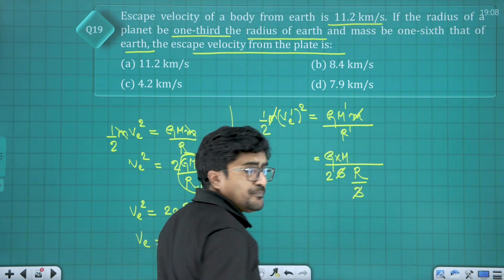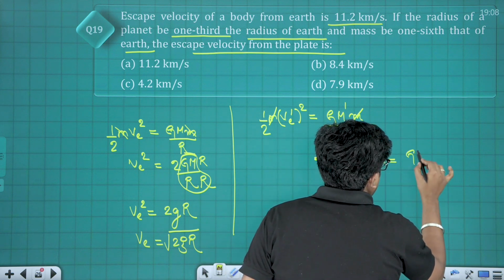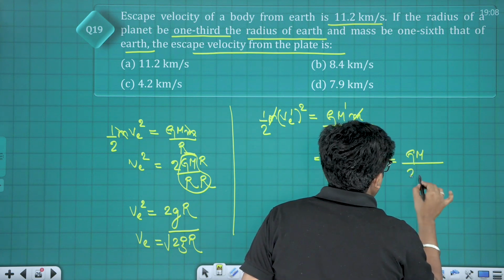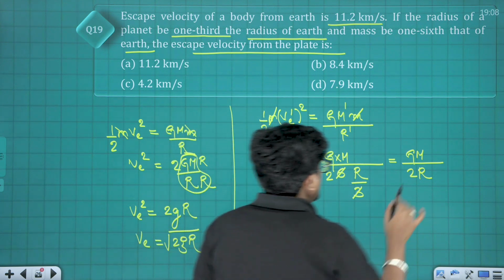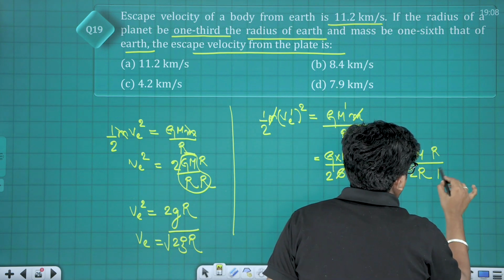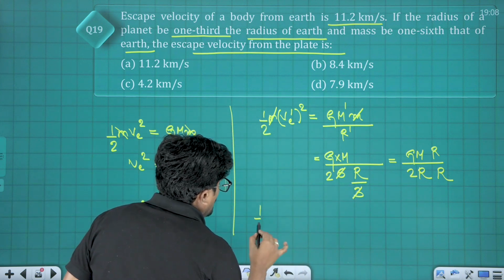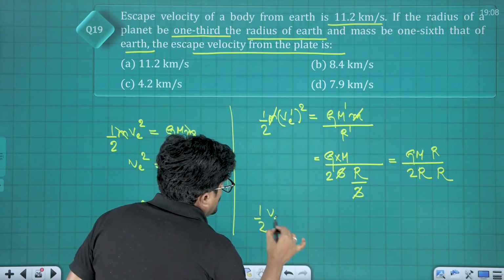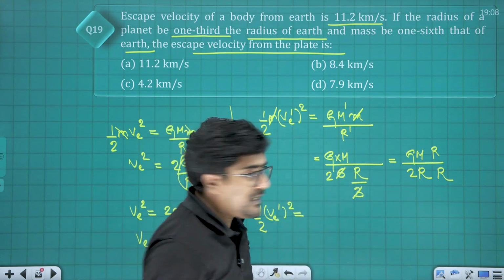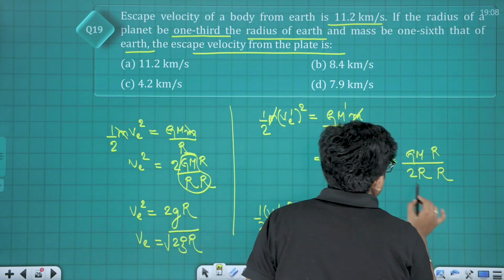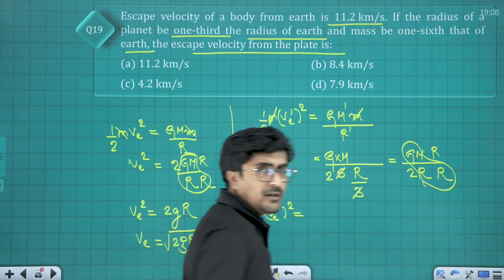That's going to be 2. Now you can see here, this is G into M upon 2 times R. Alright. Now let me do the same here. Multiplying with R and dividing with R, the value will not change. So here this is going to be 1 by 2 into VE dash square. That's now going to be, this is again what?